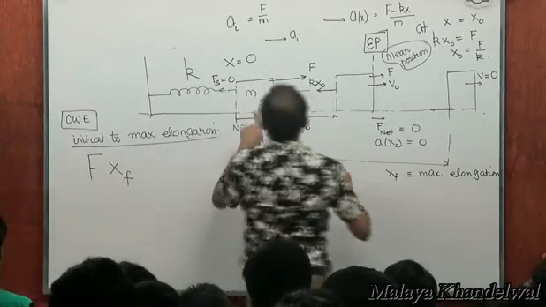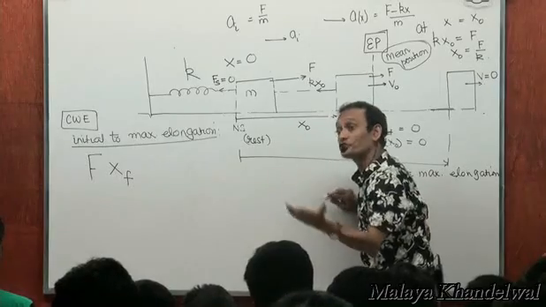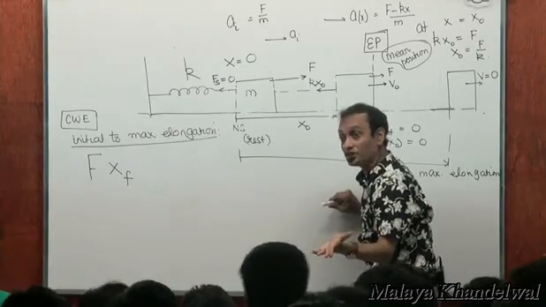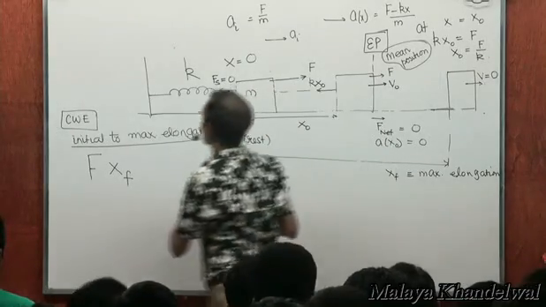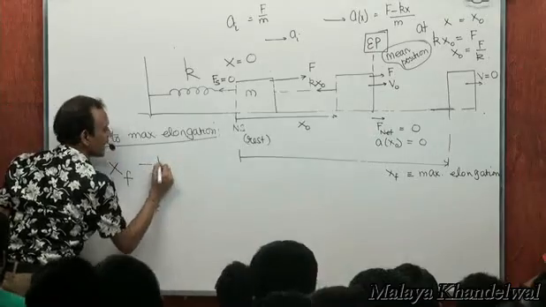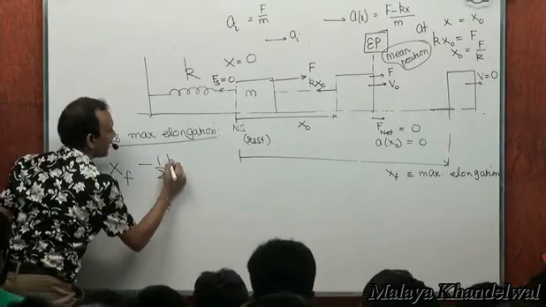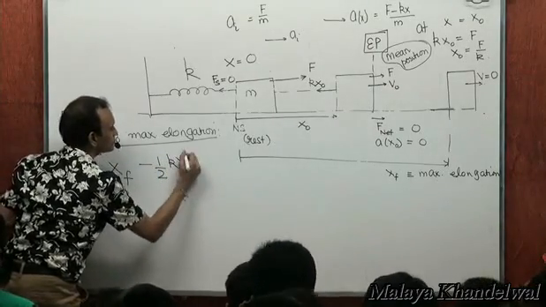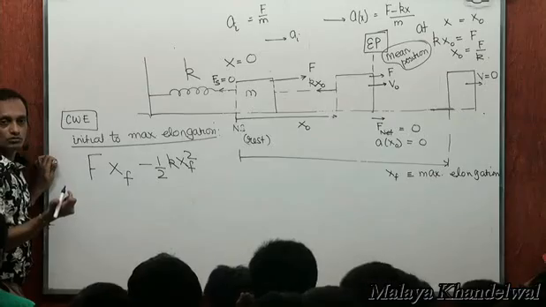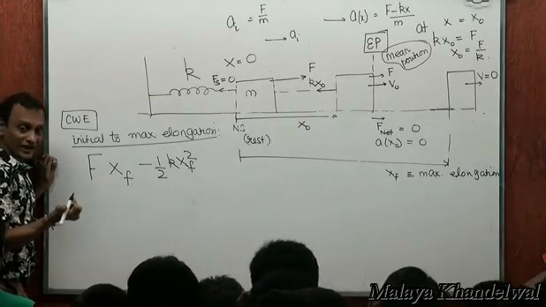What's the work done by the spring force? Negative of the change of elastic potential energy. That means minus half k xf squared. And this must be equal to the change of kinetic energy.